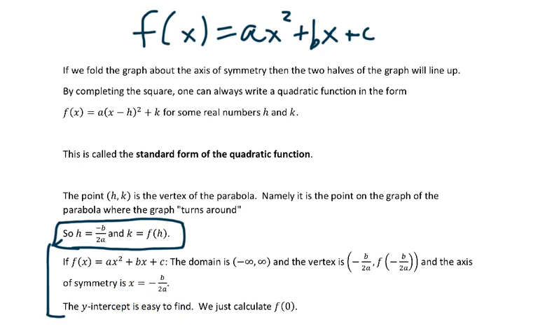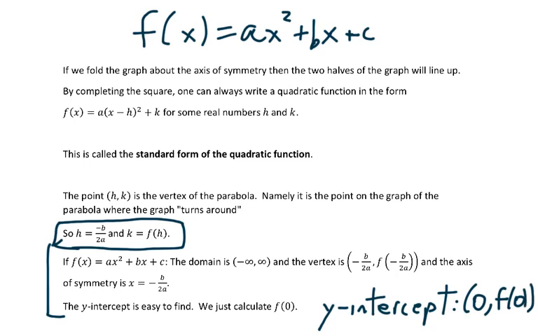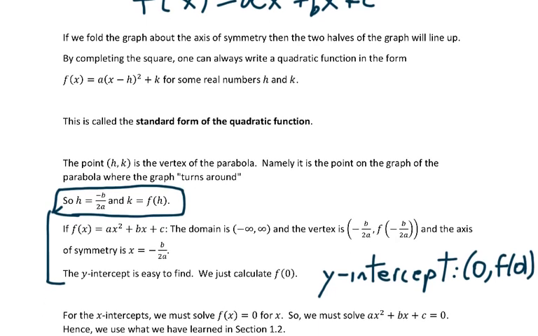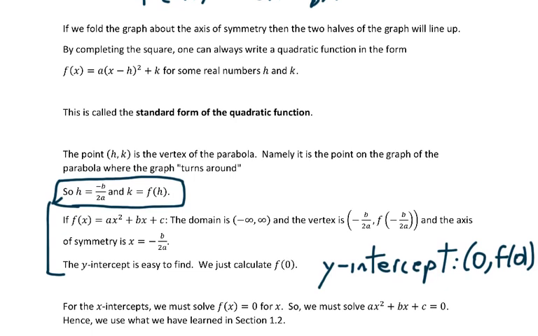For the y-intercept, that's pretty easy to get. Basically, you calculate f of 0, and the y-intercept turns out to be this point. That's the point where the graph crosses the y-axis. And now for the x-intercepts, in this case, you need to solve this equation.